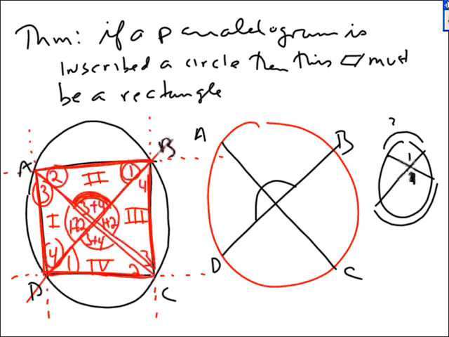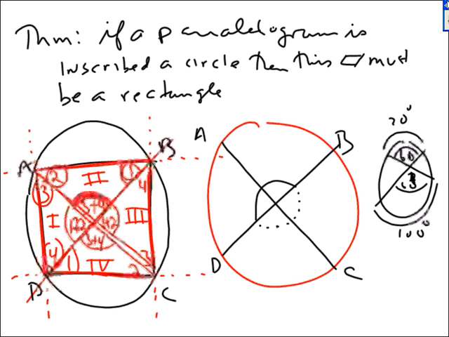If this arc is 20 degrees and this one is 100 degrees, you add them up, you get 120. That means each of these angles is 60 degrees. Now, we know that both of those angles are actually the same.